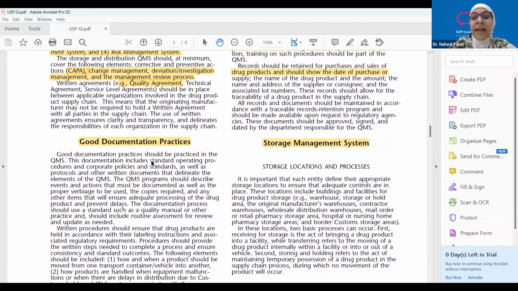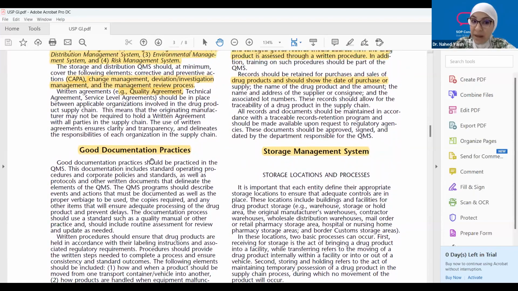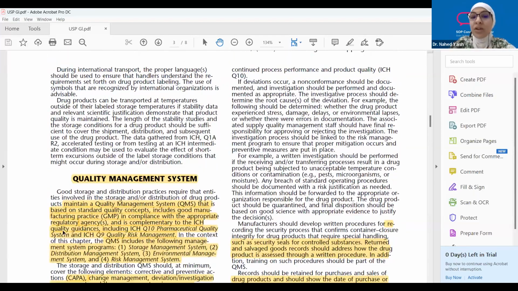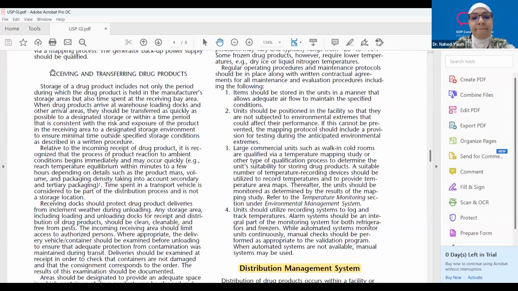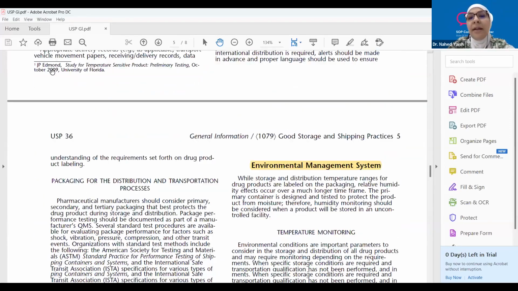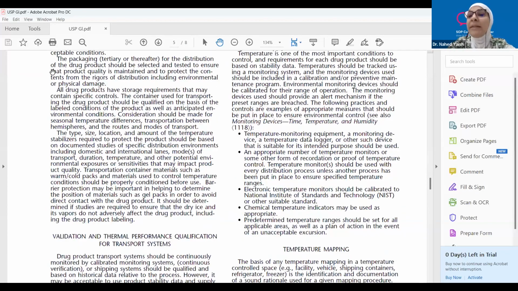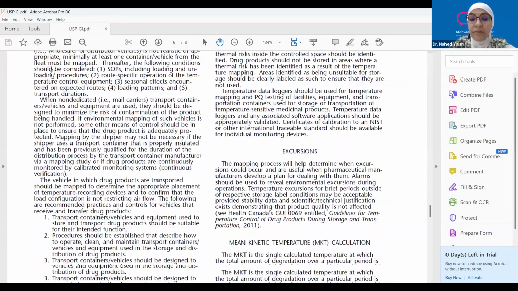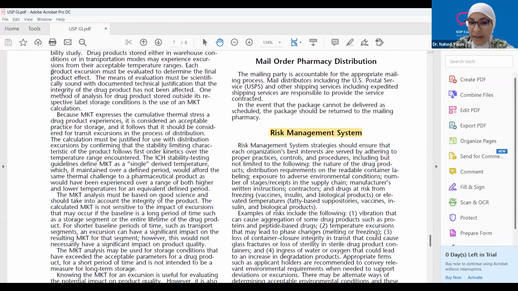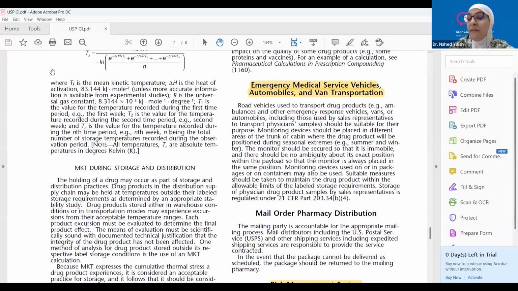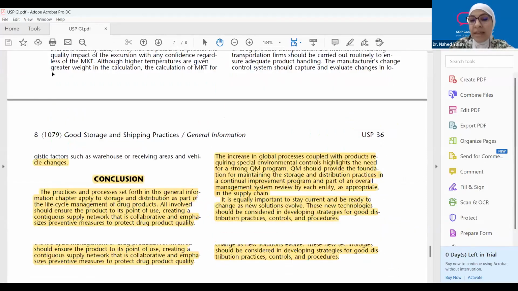They mentioned the good documentation practices that must be applied within the whole organization, the storage management system, the distribution management system, the environmental management system, the major elements of the QMS, and the emergency transportation. This is one of the very crucial issues that must be covered, the risk management system.